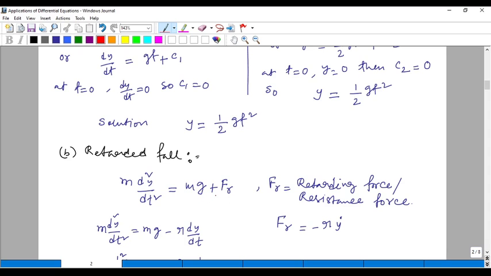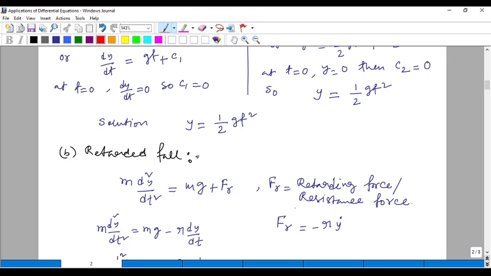In this situation we can write the equation of motion as m d2y/dt2 is equal to mg plus fr, some retarding or resisting force. So this is the differential equation for this problem.